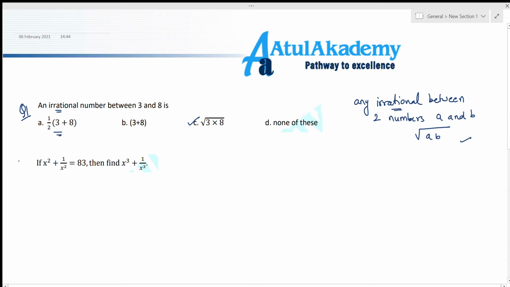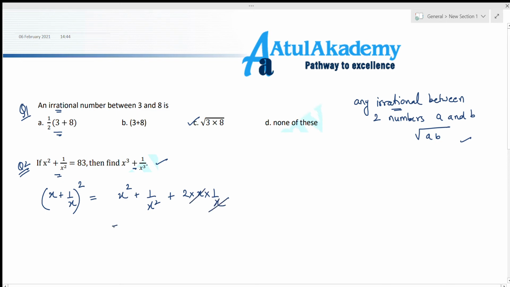So now let's consider question number 2. Here you need to find this using the identity. You need to check first whether you have to find plus or minus, and based on that you use the identity. As you need to find plus, you have to find the value of x plus 1 by x. So let's use this. Whole square of this, you know, is x square plus 1 by x square plus 2 into x into 1 by x.